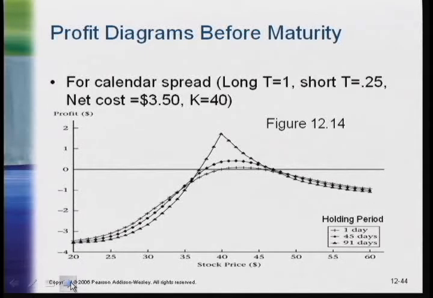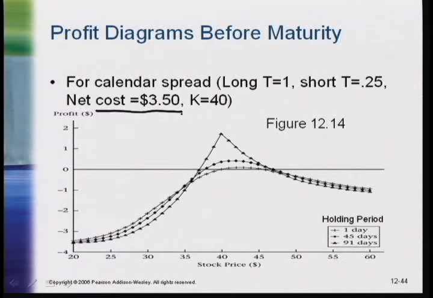We now have our time being measured from the time the investor puts on the position. This investment position costs the investor, because the cost of the 1-year option, of course, will exceed the cost of the 3-month short position. So the investor needs to invest $3.50 for this calendar spread.